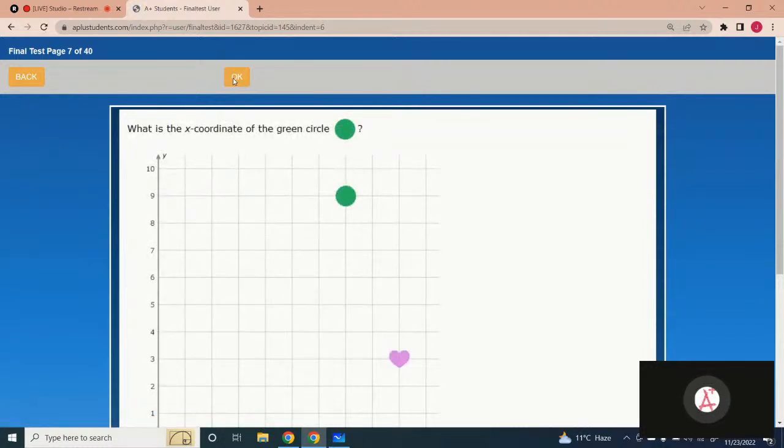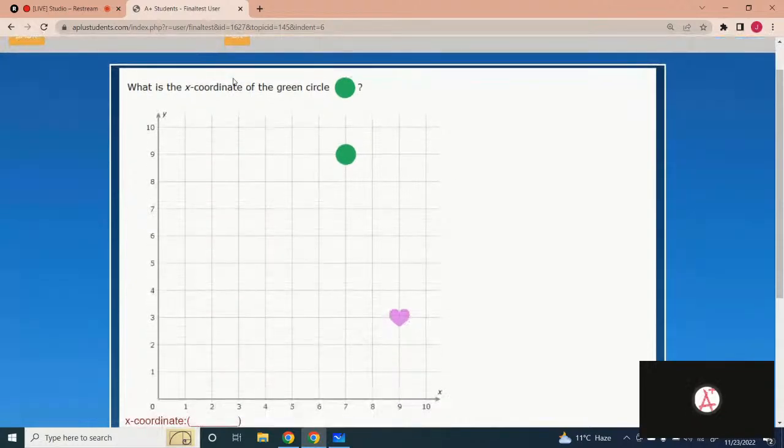Okay, what is the x coordinate of the green circle? Just match the green circle to the x coordinate.